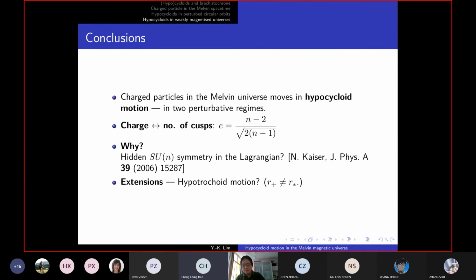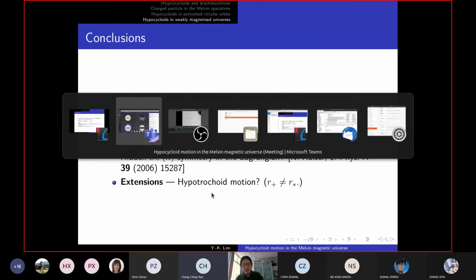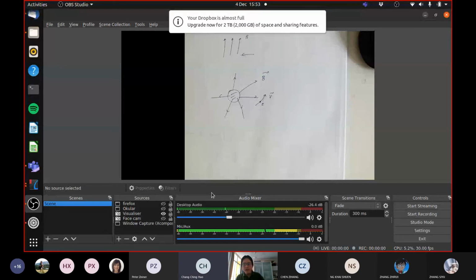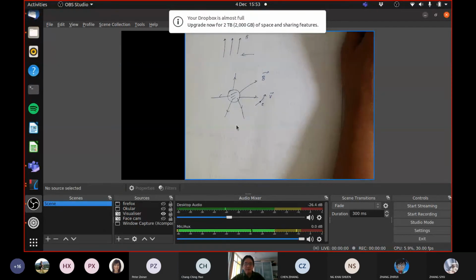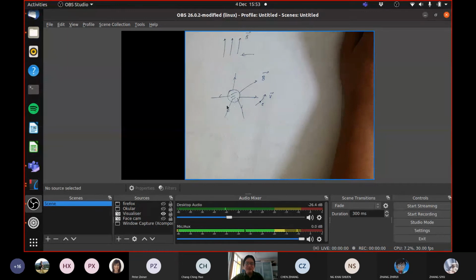I think that might be possible. Yeah, you're right, the gravitational field is either spherically symmetric or cylindrically symmetric, because otherwise it's almost impossible to solve.